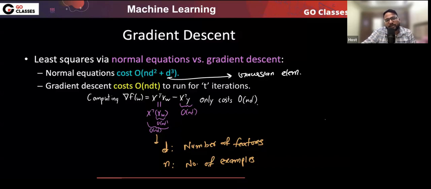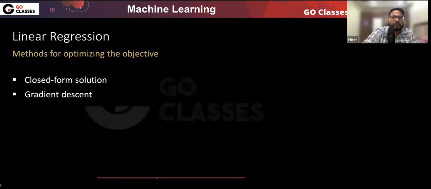The only thing that I want to convey is that we are having one more optimization technique that can solve this even without the closed form, or even without Gaussian elimination and so on. So there is one more method which is called gradient descent. For linear regression, this is a plan B, you can say.